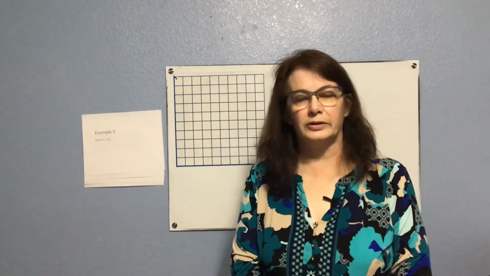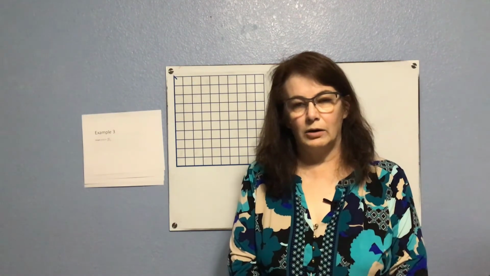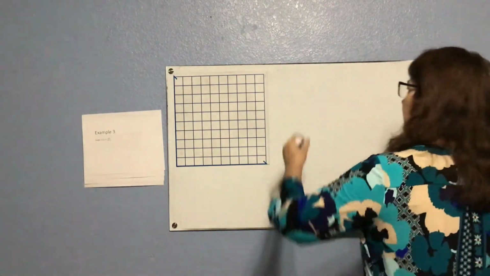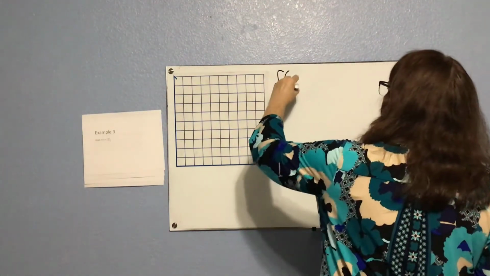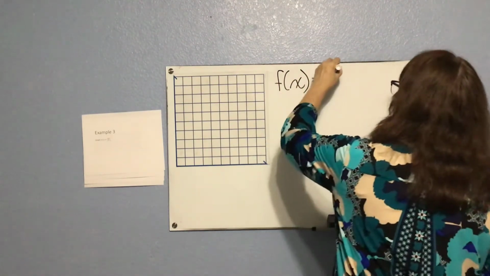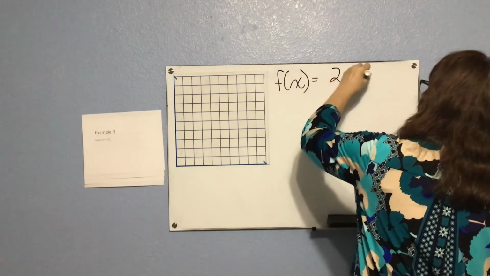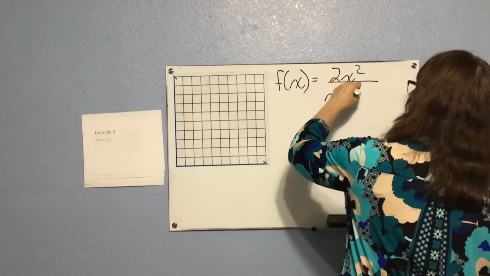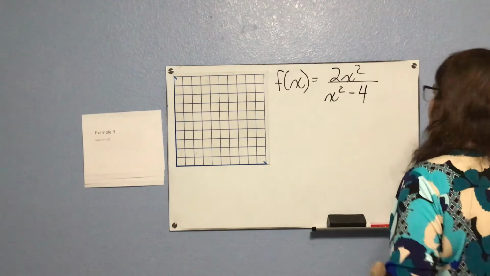Now we'll look at a rational function where both the numerator and the denominator are quadratic functions. So we have f of x is equal to 2x squared over x squared minus 4.